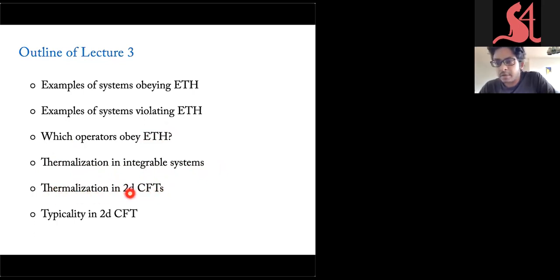We'll discuss thermalization in 2D CFTs and to what extent these ideas from ETH hold true in 2D CFTs. We'll also see the notion of typicality in the states of a 2D CFT.